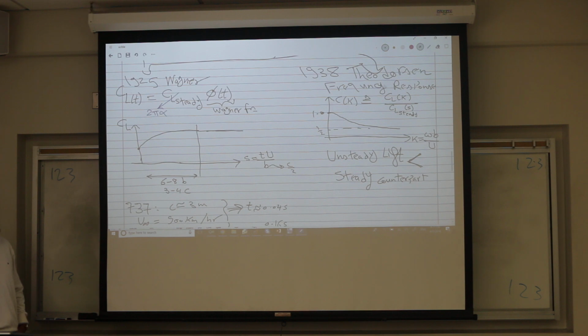So in order to get the output, you multiply your transfer function, which is 1, for example, by the input. So this is the unsteady lift, your output. This is the steady lift, your input. And you recover this by multiplying whatever steady lift is expected times your transfer function. Your transfer function gives you 1 if you're operating steadily, for sure. But if you're operating with high frequency, you'll get much less. Okay? Any question about that?